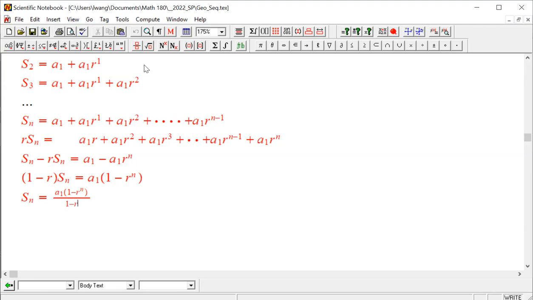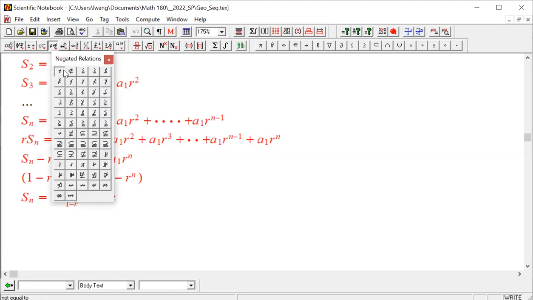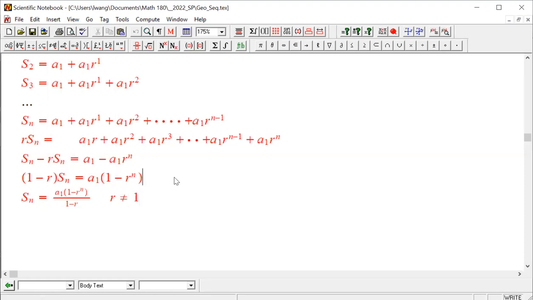Of course, here we just mentioned provided r cannot equal 1.